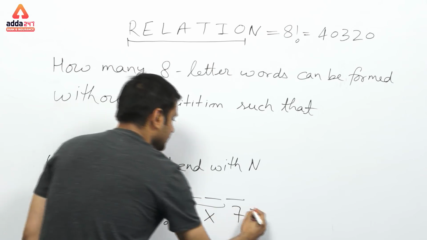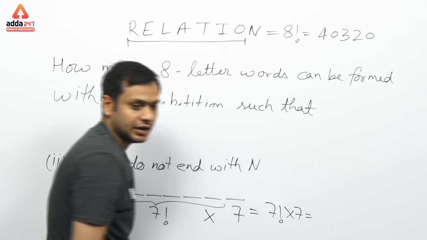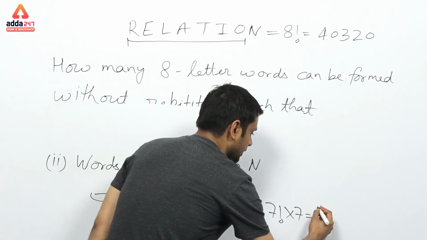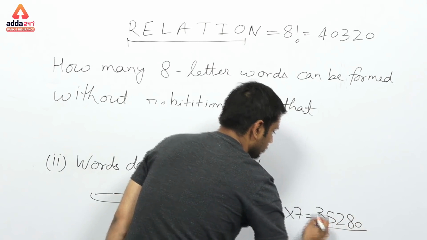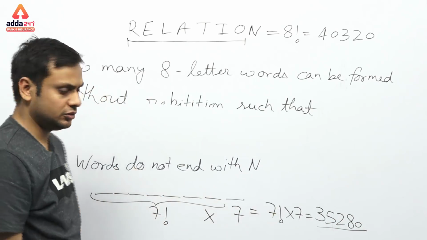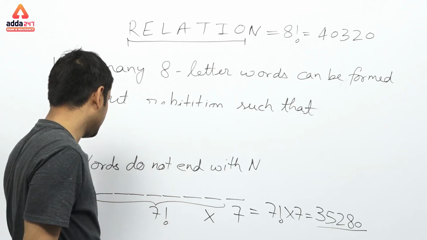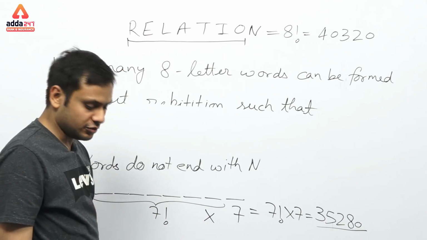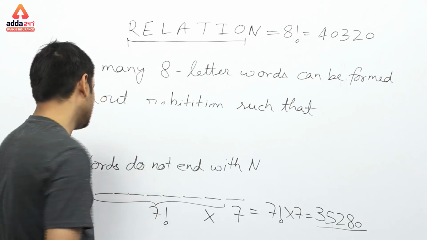So our answer is 7 factorial into 7, which gives 35,280. All those who got 35,280, excellent, guys. Not a very difficult question, the words do not end with N.